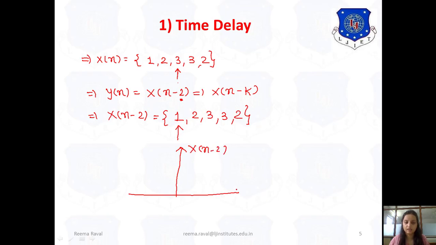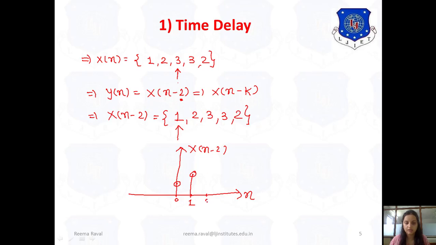how can I plot this signal? At the 0 position its value is 1, then at 1 its value is 2, and at the second instant, this is 0, 1 and 2.